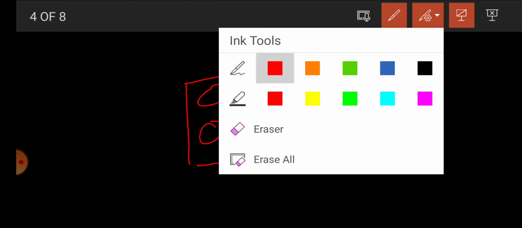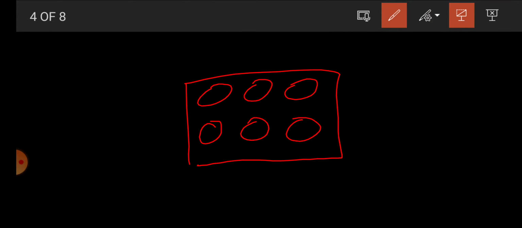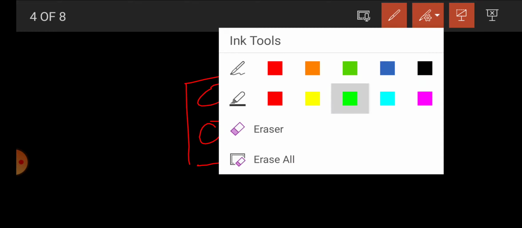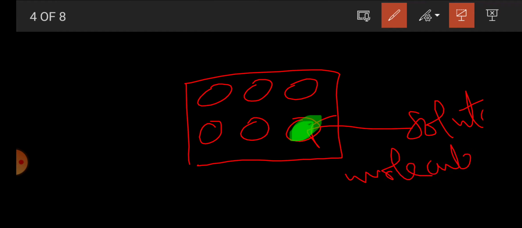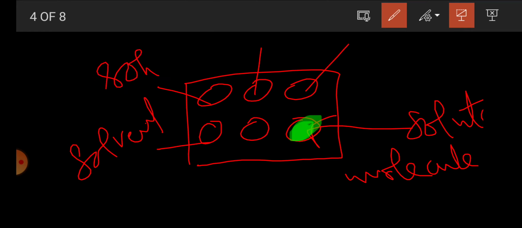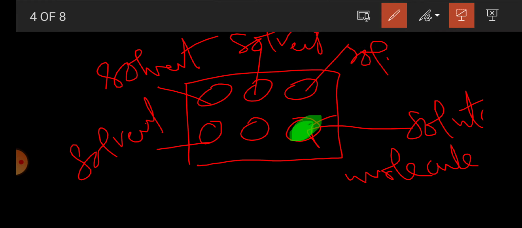This one is the solute molecule or solute ion, whatever it may be, but all the other ones are solvent. So one is replaced by the solute.